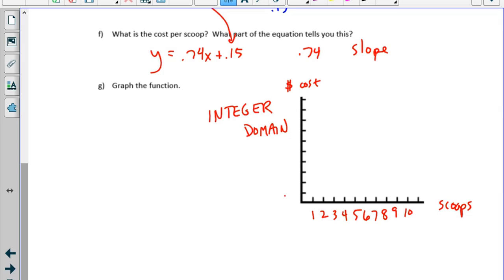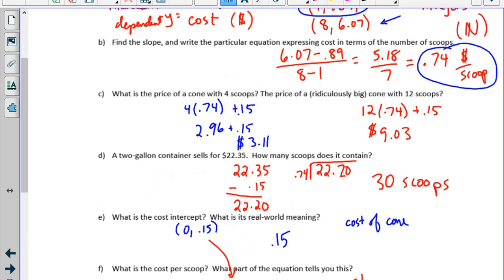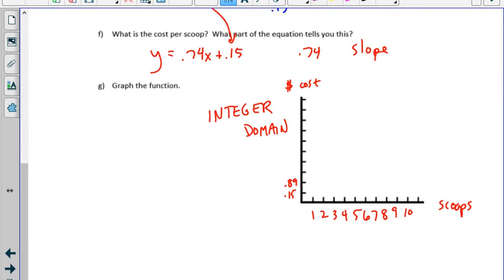I'm going to put 0.15, 0.89, and then I had a $6.07 thing up here. And I could actually add by 74 every time, but I'm not going to spend the time doing that. So (1, 0.89) and (8, 6.07), and that's kind of what the graph looks like.